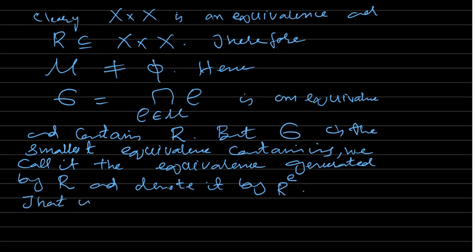It is the intersection of all equivalences containing R. It's the intersection of all rho such that rho belongs to M. This is the equivalence generated by R.